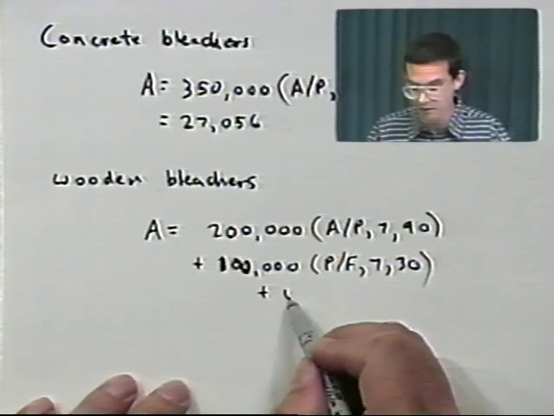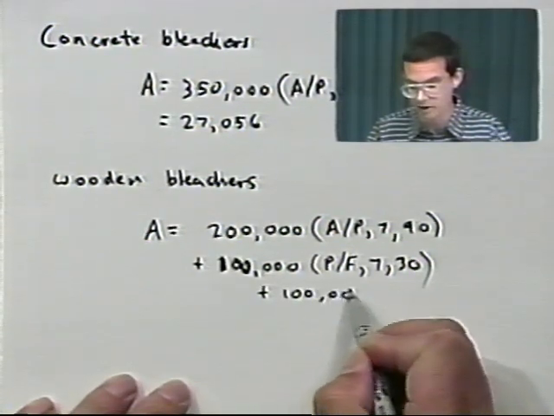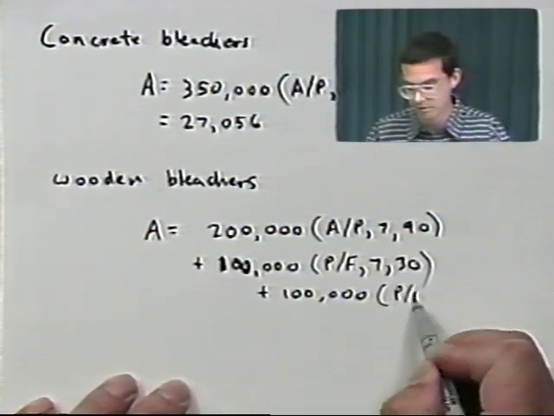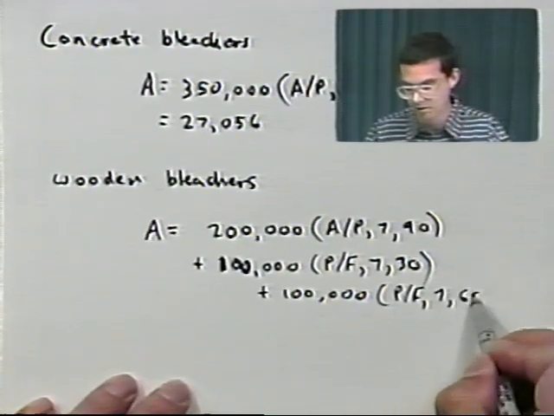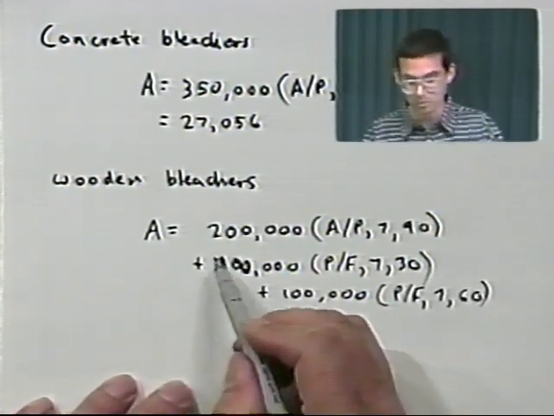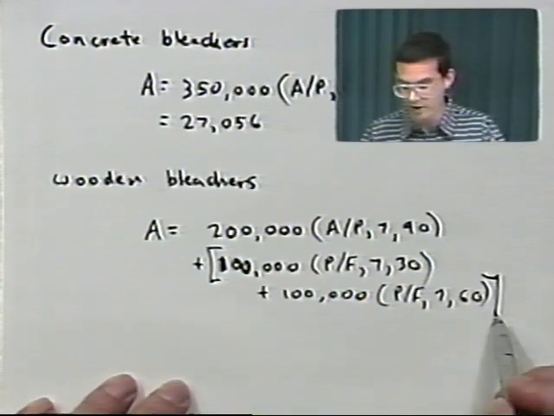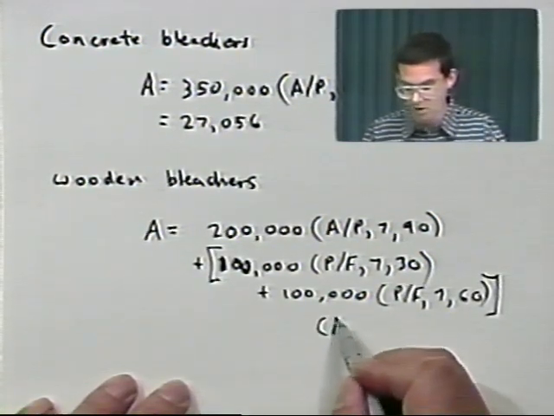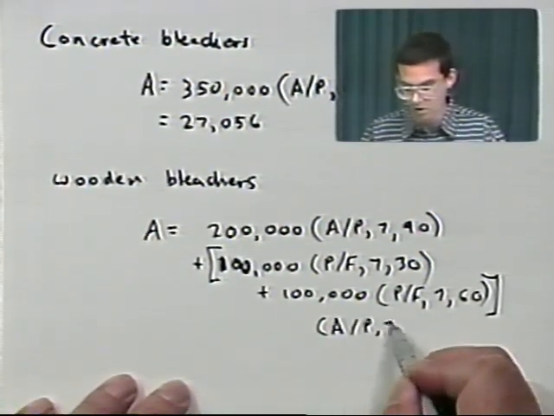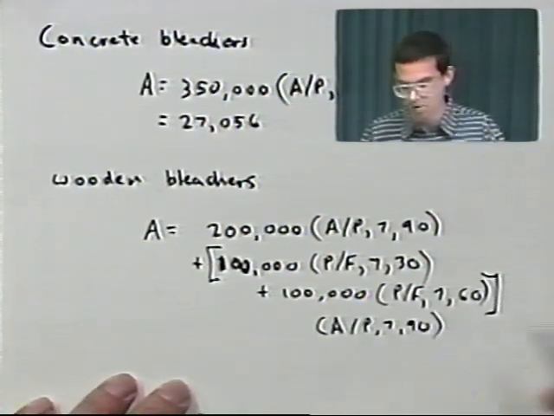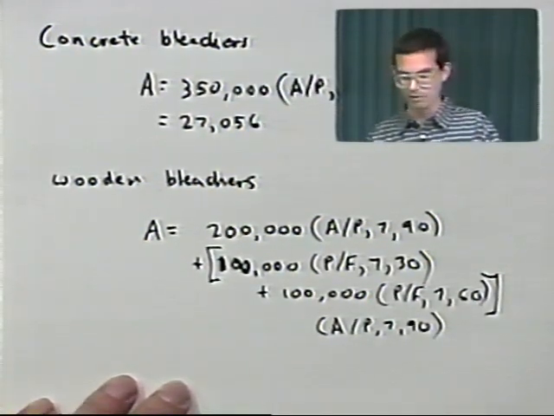I can add to that the $100,000 60 years from now, make that a present worth, and then take the whole thing to an annuity using the capital recovery factor.